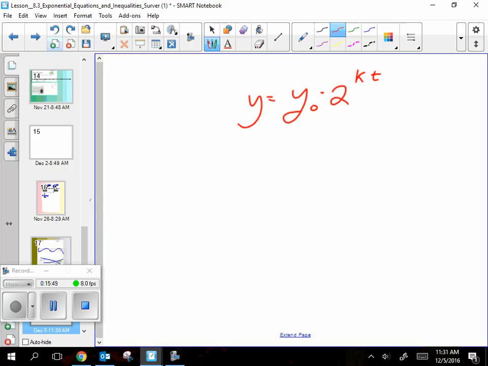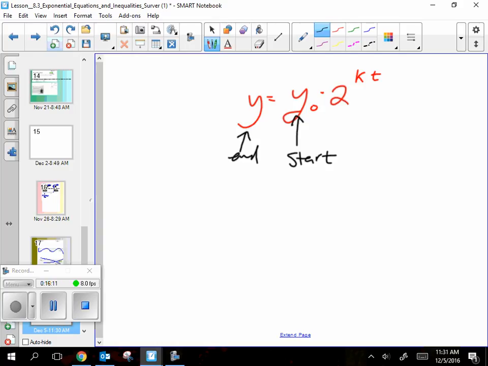Y 0. 0 is often used for original or at time 0, which is when you start. So that's the start. And then hopefully you'd logically know that that's the end. What you started with goes in y 0. What you end with is in regular y.